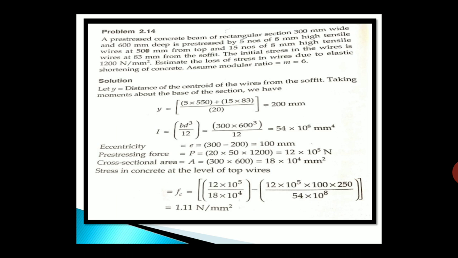So now, why is this a different example? Because in this example we have two locations of prestress wires. One is 83 mm from the bottom and the other location is 50 mm from the top. So this is an example where we have prestressing force applied in the top as well as the bottom section of the member.